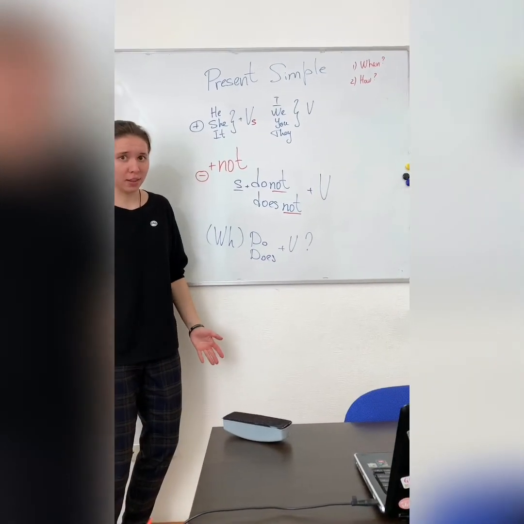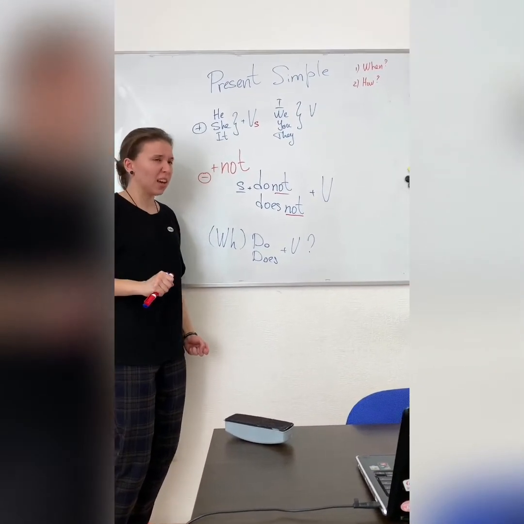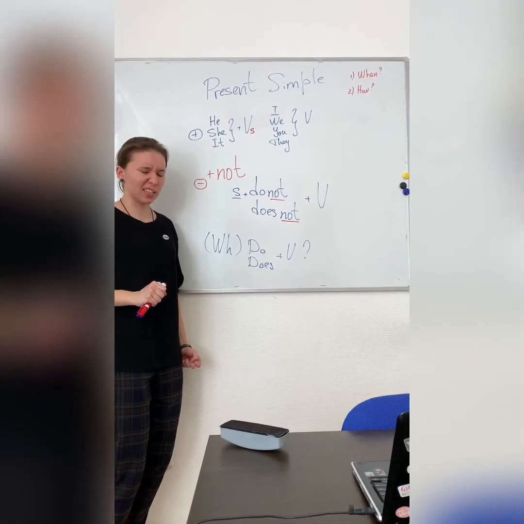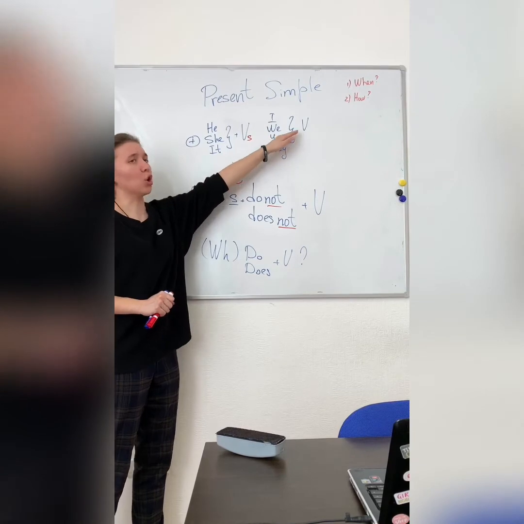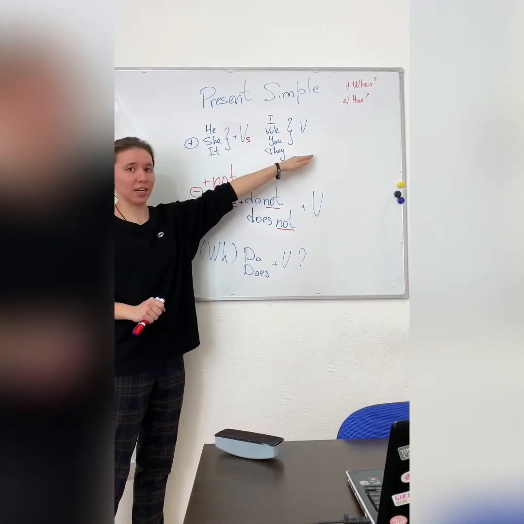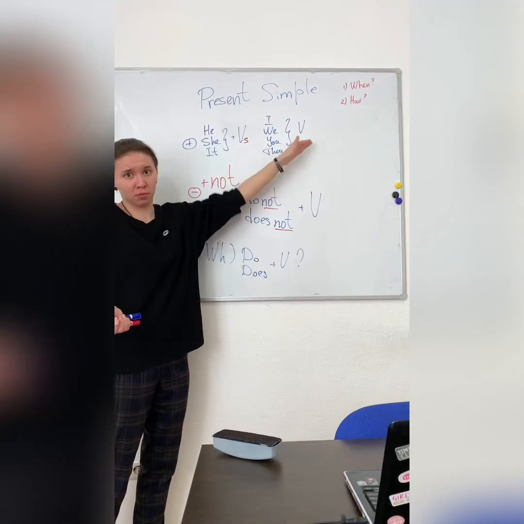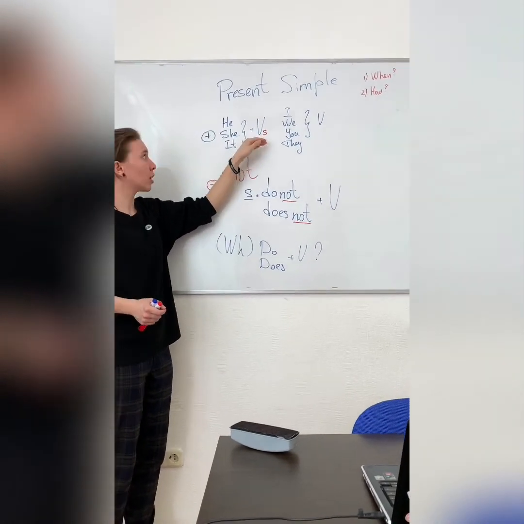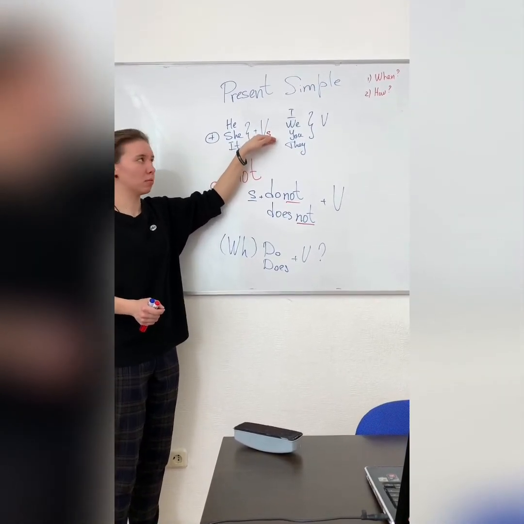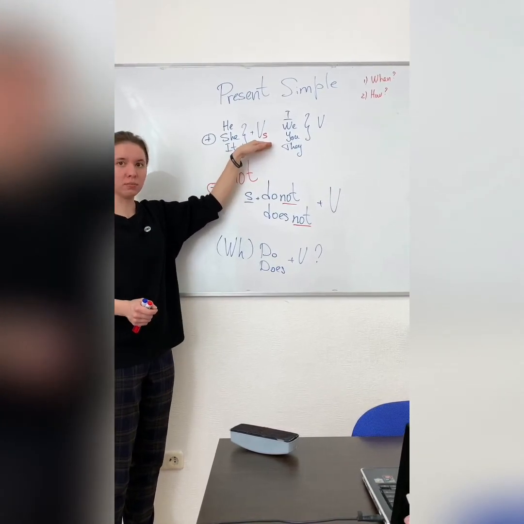Guys, girls, let's sum up everything. If I want to make a positive sentence, I say, I work, we go, you study, they jump. He works, she studies, it does. Okay?